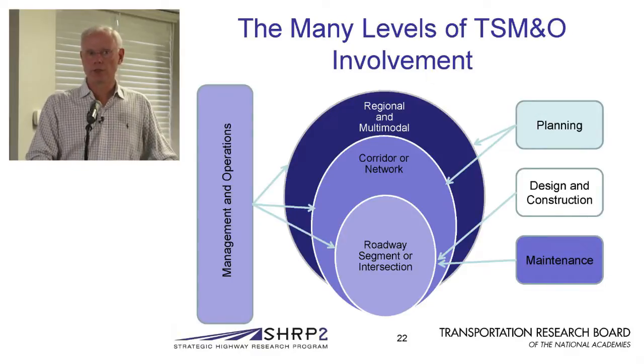So the impact of TSM&O is much broader. It's not necessarily as local as a typical traditional construction project, but can be as broad as an urban area or even statewide in some cases. So that's something to consider as a sales point.